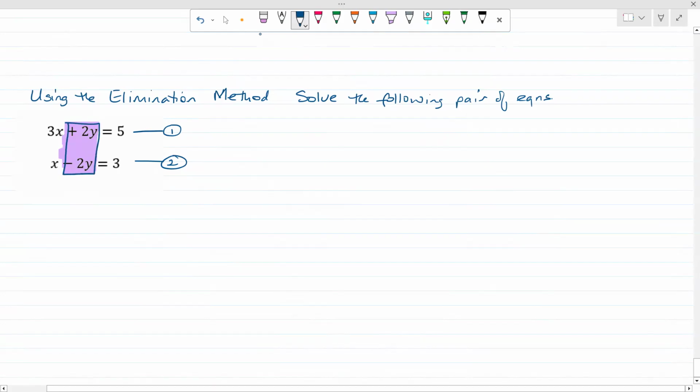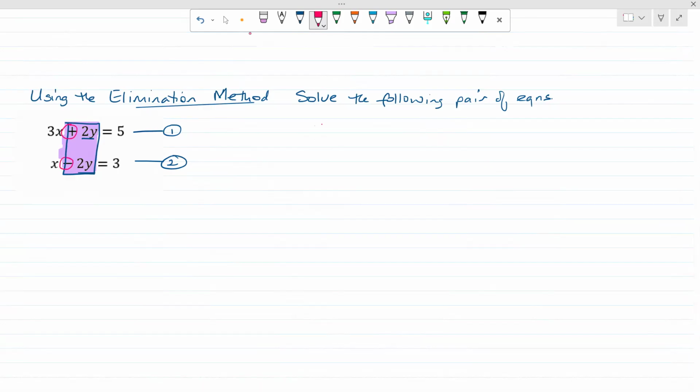For now, I'm not really looking at the signs too much. I'm more concerned that this and this are the same. You're looking for that, especially when we want to do the elimination method. After I've identified which of the variables have these matching coefficients, I will then examine the signs. I have a positive sign here and a negative sign here.